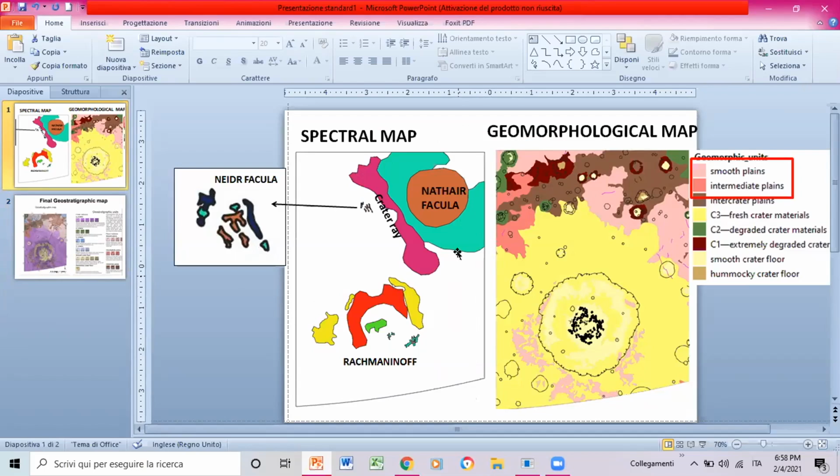For example, here I just highlighted the smooth plains and intermediate plains that are visible in the geomorphological map. But here, I didn't yet finish, but we can see that there is not a clear correspondence with this map. These smooth intermediate plains are not so visible. So simply we just got different spectral and geomorphological data and analysis.